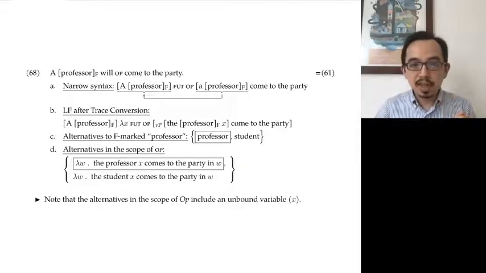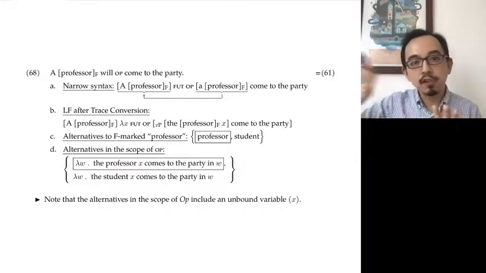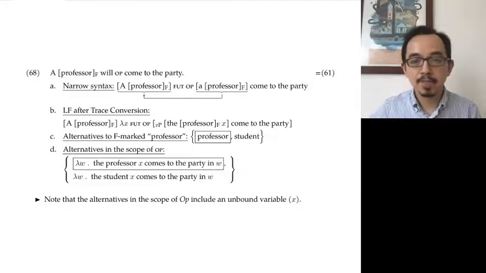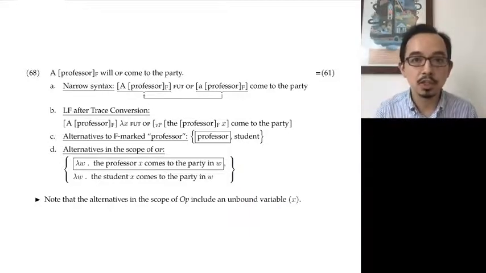And so when we look at the complement of the focus particle, we're going to look at what the focus particle looks at. It has a sister with an ordinary value, a prejacent value, which is the proposition, the professor x comes to the party. Let's say professor contrasts narrowly with student in the discourse context.